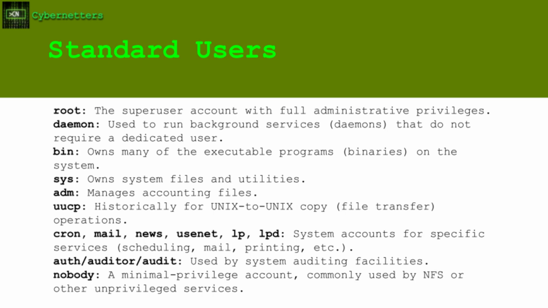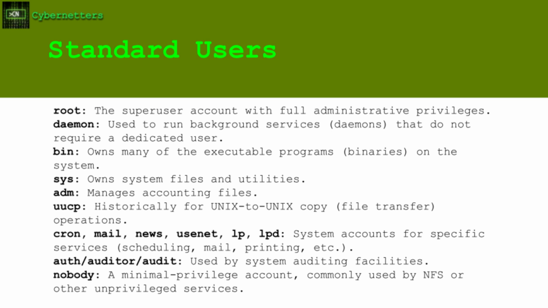So let's go over standard users in the Unix system. First up, you have root, which is the superuser with full system control. You don't want to mess with this one unless absolutely necessary. Next, we have daemon, which is used to run background services, things that don't need a real user to log in. And then you have bin and sys. These own important system files and utilities. And then you have adm, which handles the system accounting logs.